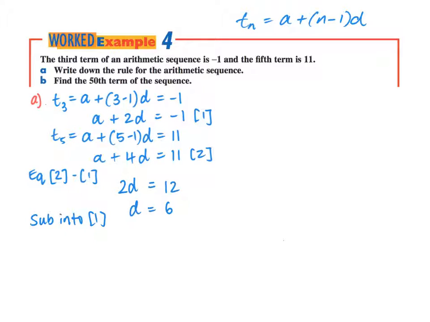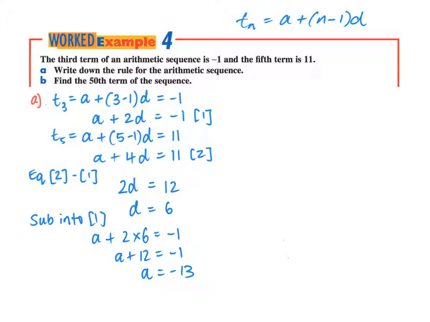So in doing that, we have a plus 2 times 6 is equal to -1. a plus 12 is equal to -1. So our a value here is -13.